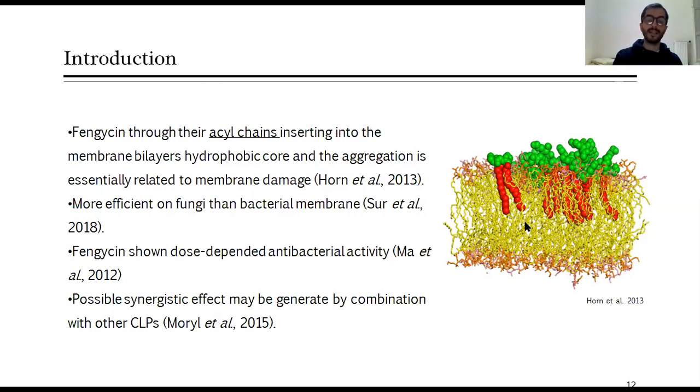The action against fungi and bacteria has already been demonstrated. It seems to be related to a dose-dependent manner and possibly to a synergistic effect with other isomers of the cyclic lipopeptide families.